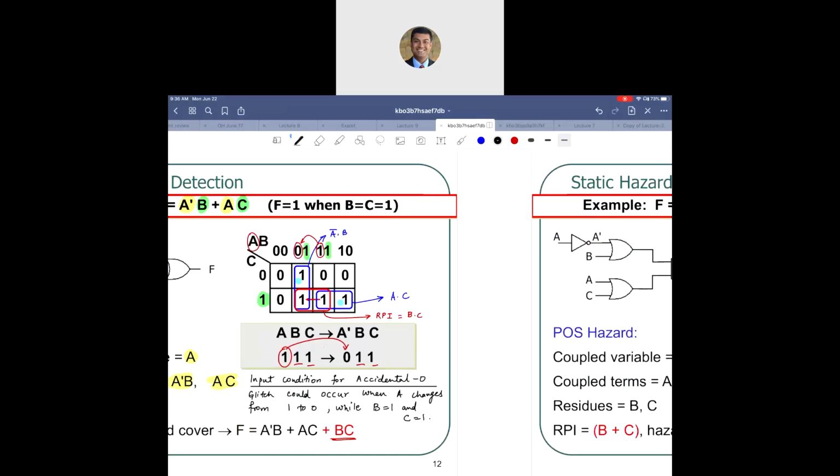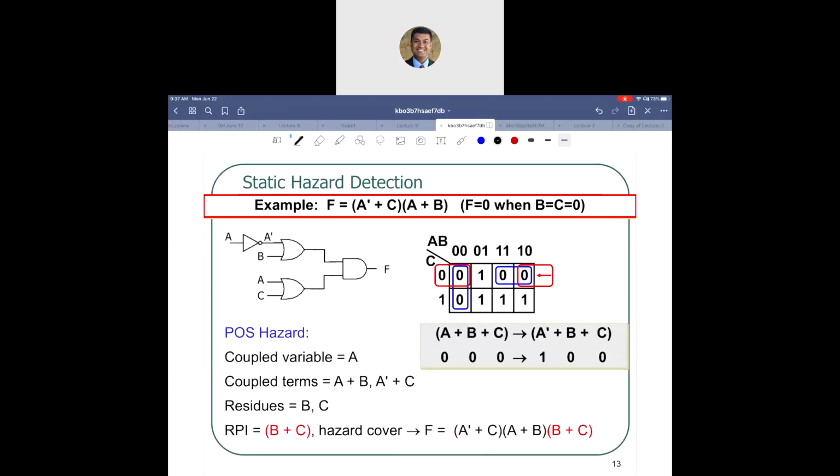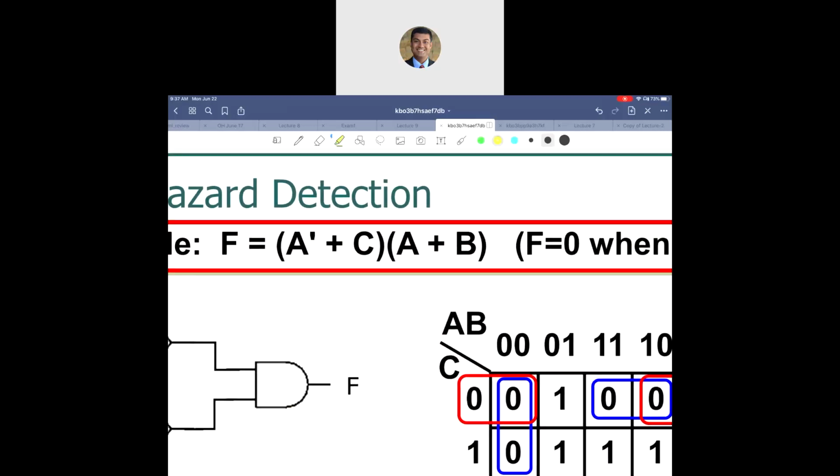All right, let's do a static hazard detection, but now we are changing the form from SOP to POS form. Coupled variable A, coupled terms, both of them.